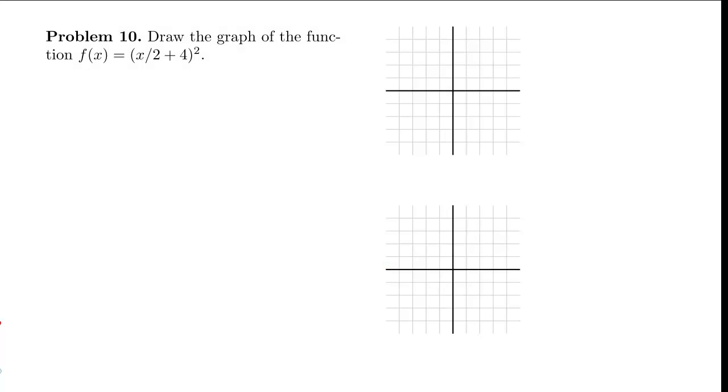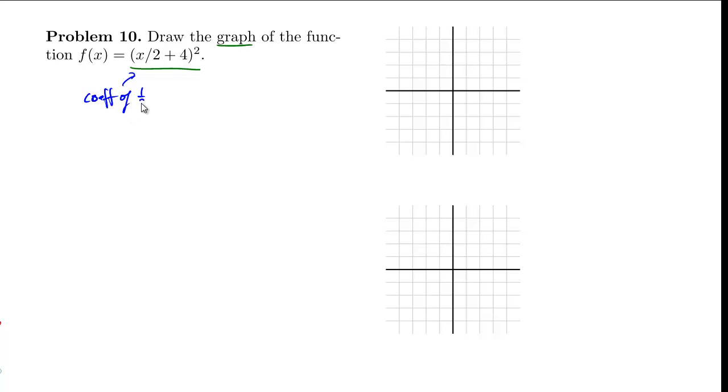Our final problem on transformations is to graph the function f of x equals x over 2 plus 4 all squared. Much like in problem 7, which was for vertical transformations, we're going to have to sort out the order of the horizontal transformations which produce f. We see that the coefficient of x is 1/2.